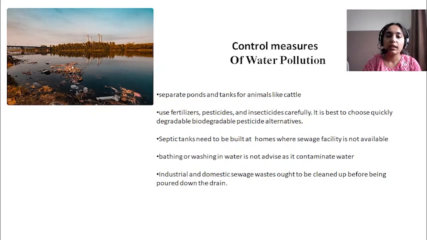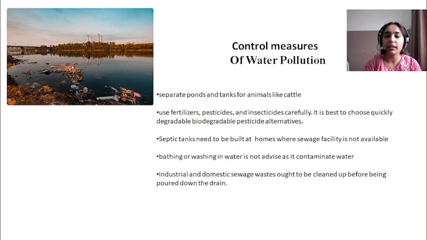Next, industrial and domestic sewage waste ought to be cleaned up before being poured down the drain. So industrial and domestic sewage, all those waste materials, should be treated before releasing into the water bodies. All that industrial waste should be treated first.